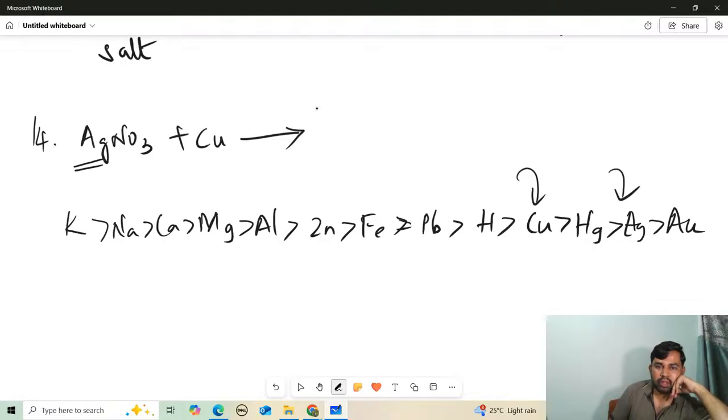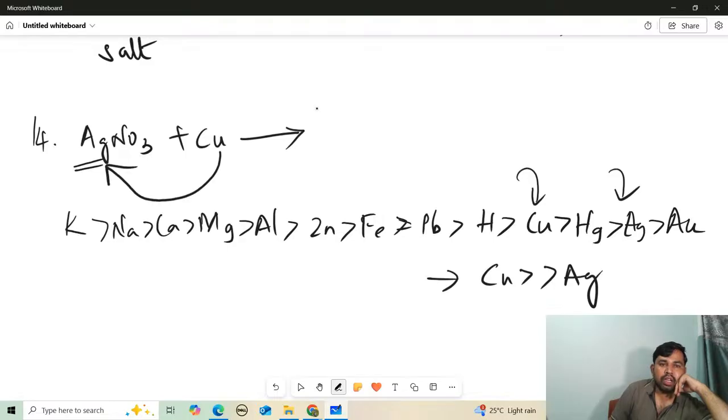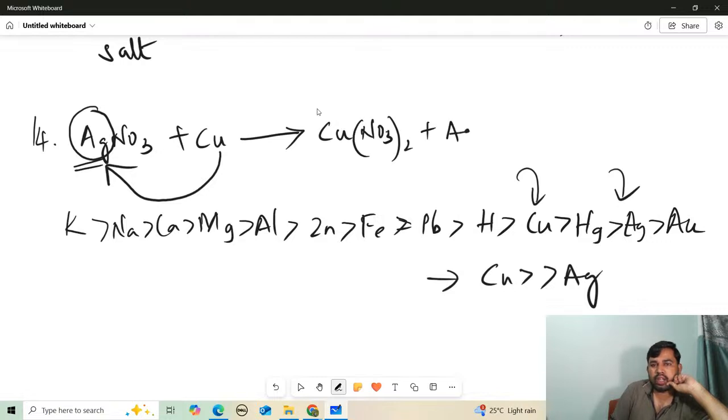Which is more reactive as per the series? Copper is more reactive than silver. That's why they use copper, so that copper can displace silver from silver nitrate. In the place of silver, copper will come, forming Cu(NO3)2 plus Ag. Ag will get separated. What is its color, sir?